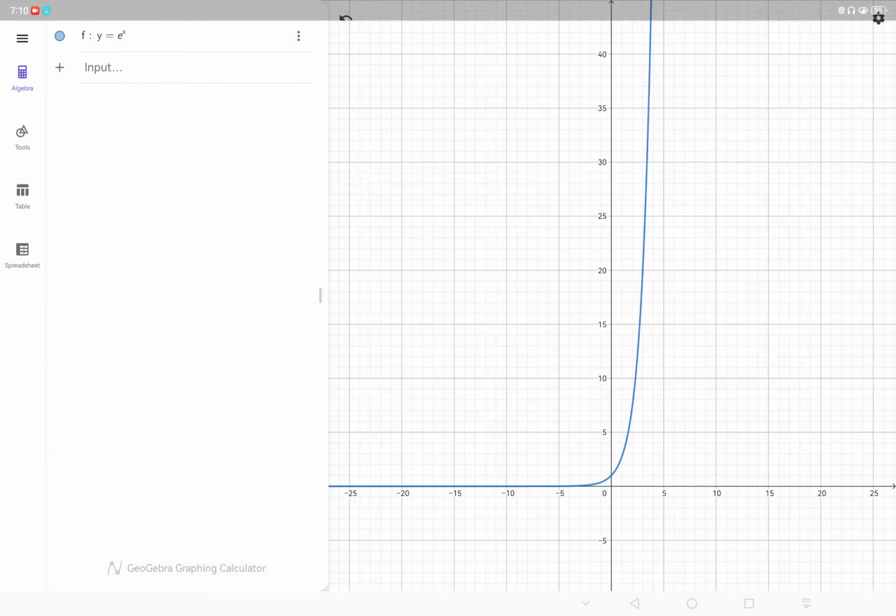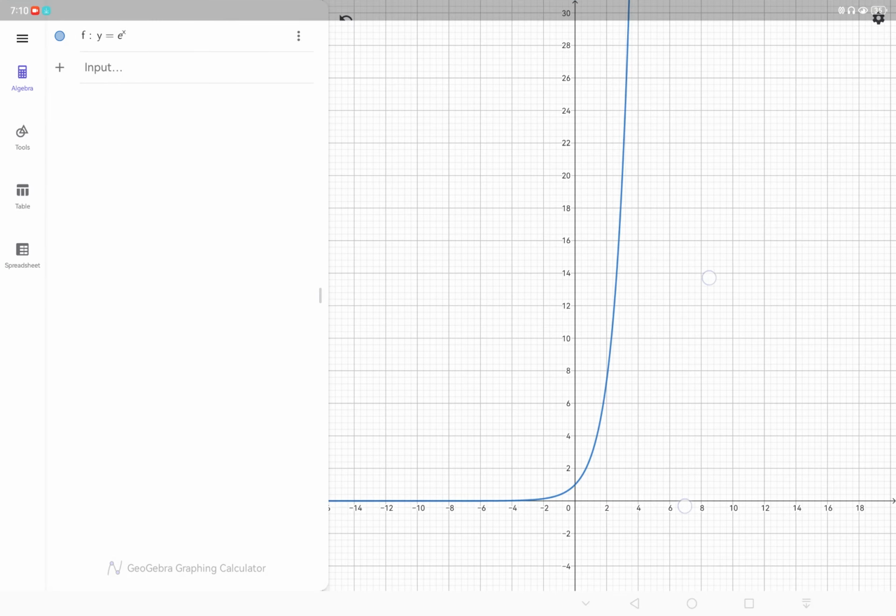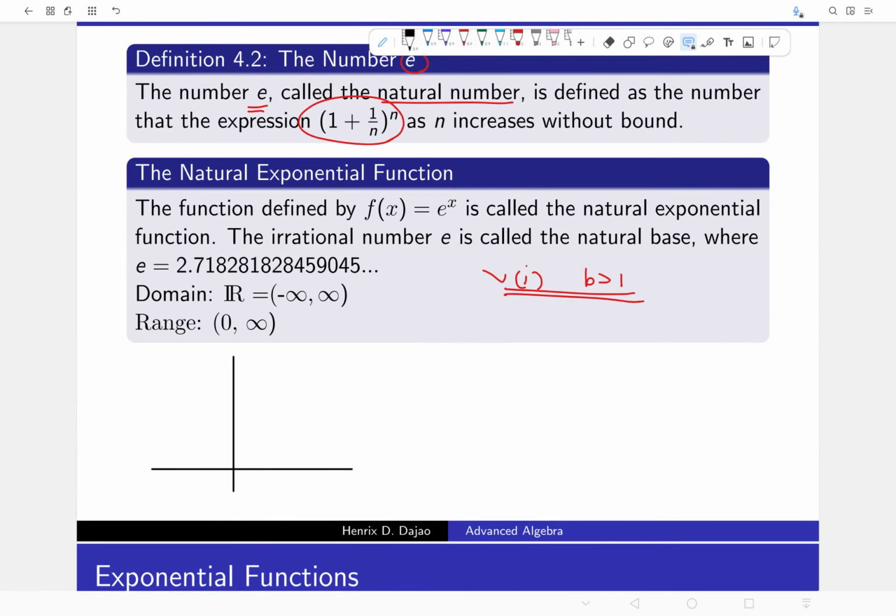It's a little bit steeper, right? Again, the x-axis is our horizontal asymptote.